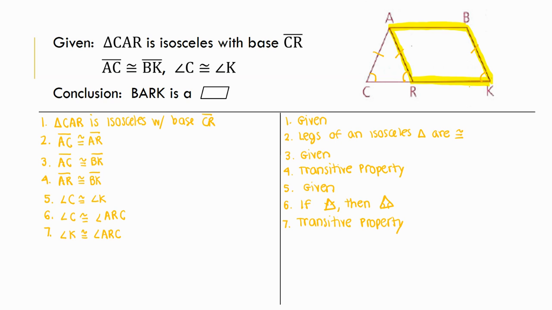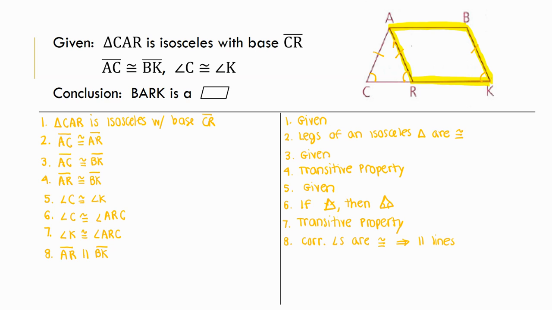Notice that they both fall on the side of CK. That's like the transversal. AR is forming angle ARC. BK is forming angle K. What we have are really corresponding angles here. So because those corresponding angles are congruent, I have enough information to say that the side AR is parallel to the side of BK. So I know that because I'm trying to prove parallel, I have to say it second. But I have corresponding angles that are congruent, and that was enough information to give me parallel lines.